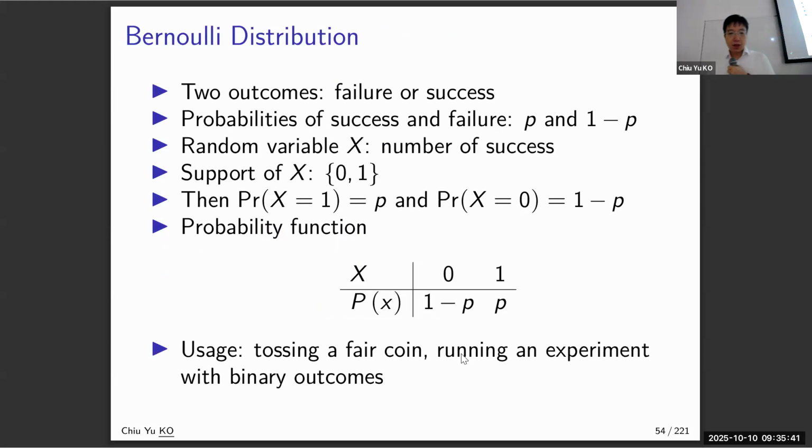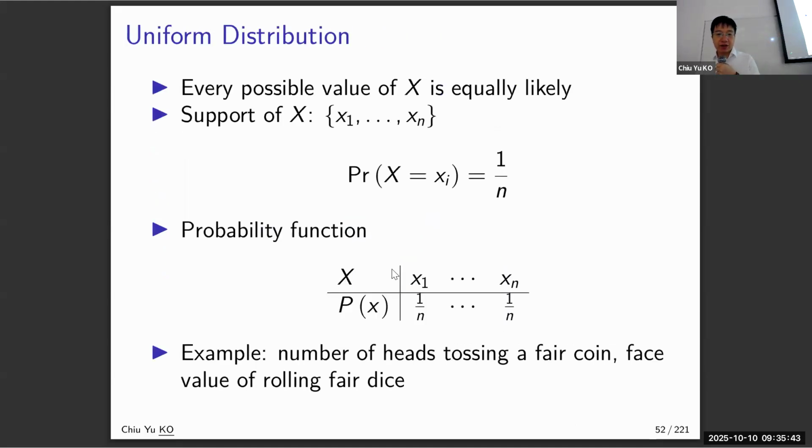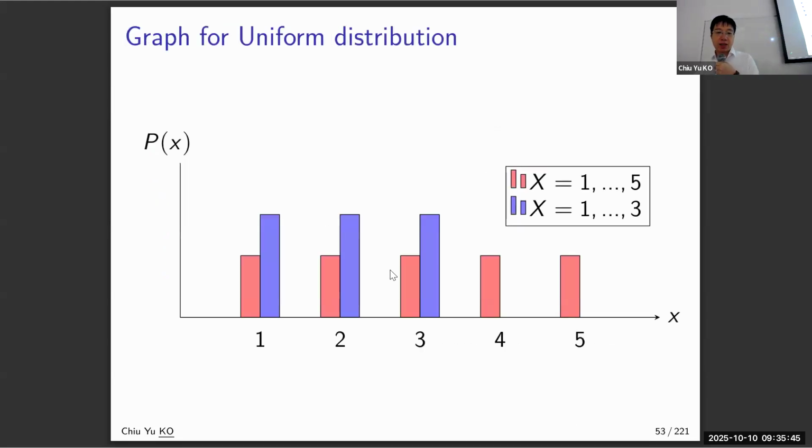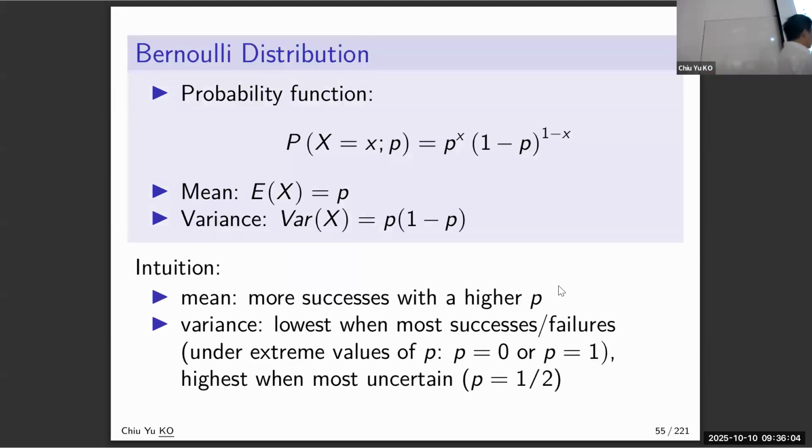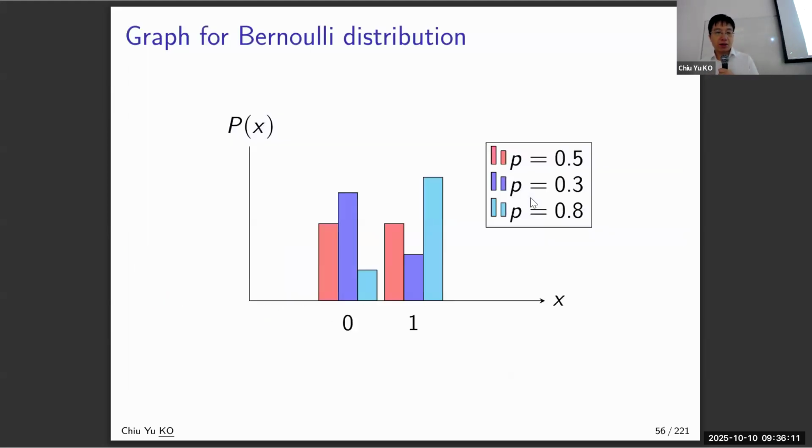So uniform will be the case where everything is the same. And Bernoulli says you have a binary view of the future: the future can be considered as either success or fail, and you know the probability of success or fail will be P and 1 minus P respectively. You also saw that the Bernoulli has a mean and variance, and there's a formula there.